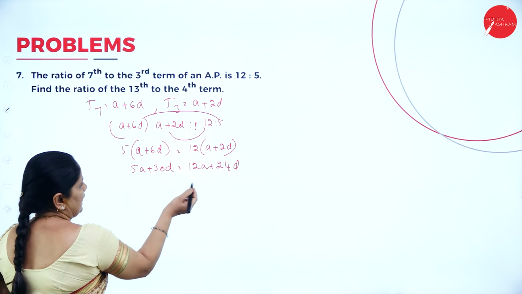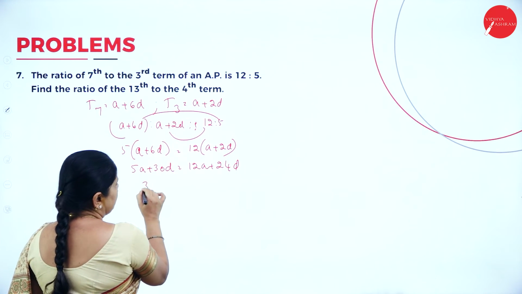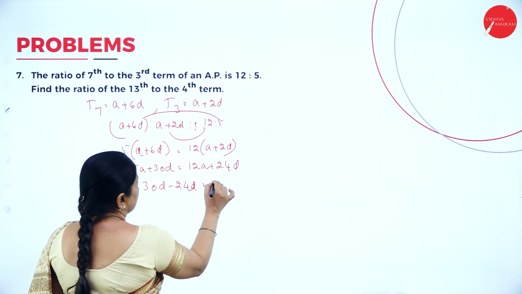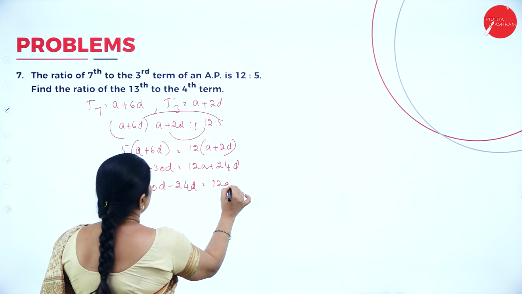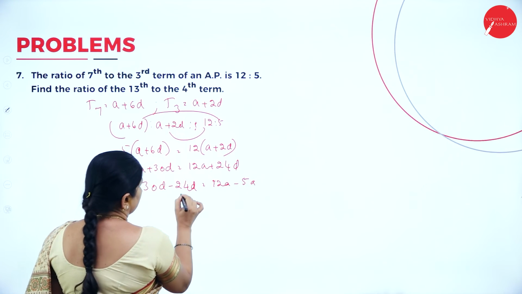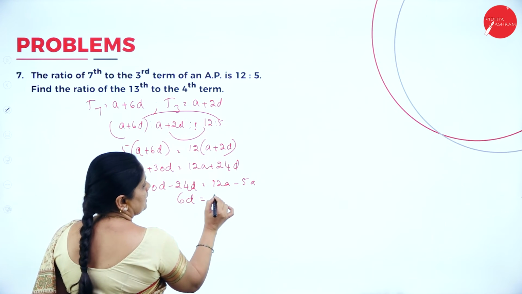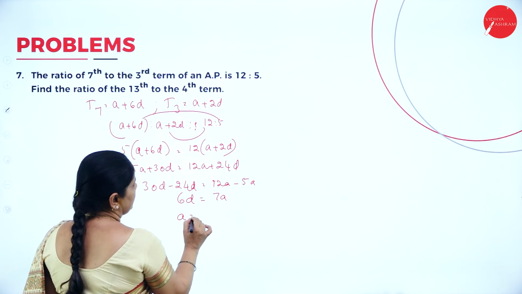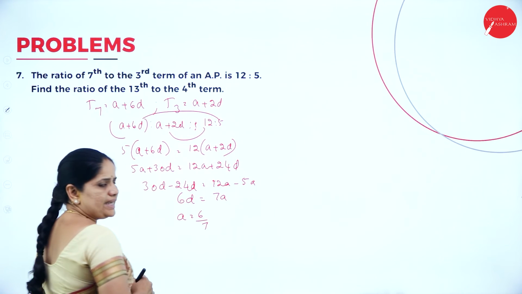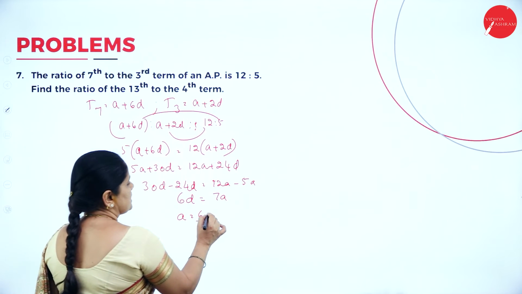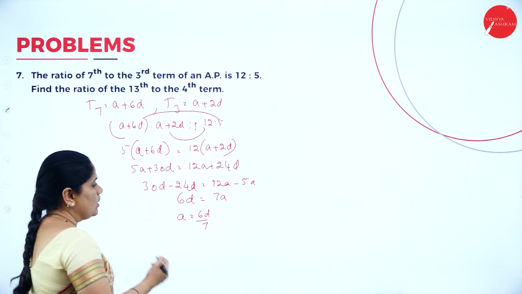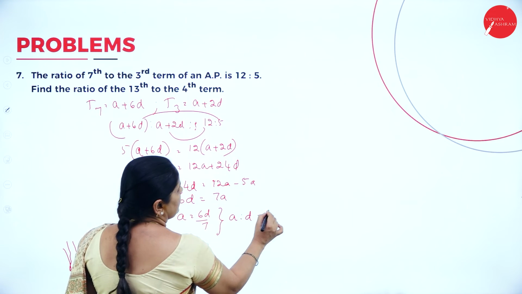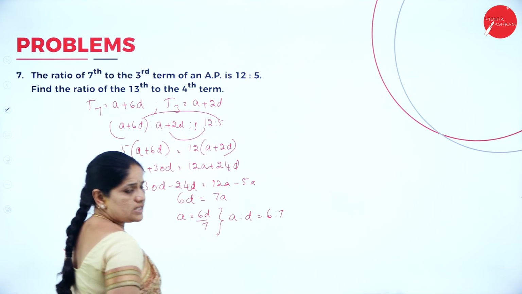Now I'll bring the 30D minus 24D equals 12A minus 5A. So 6D equals 7A, or A will be equal to 6D by 7, or I can also write A is to D equals 6 is to 7.